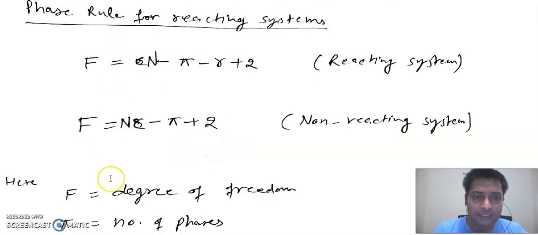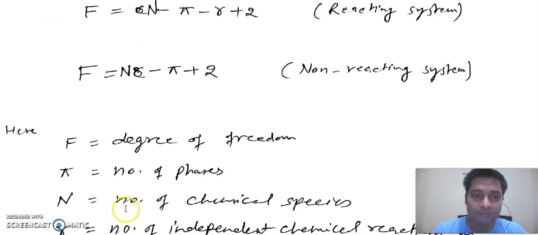Here F is the degree of freedom, pi is the number of phases present in the system, whether solid, liquid or gas, and n is the number of chemical species, which may be reactants or products.